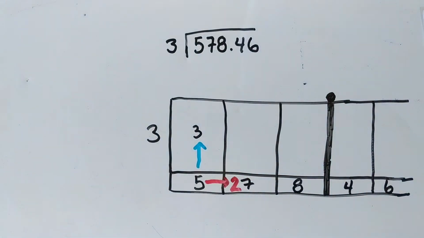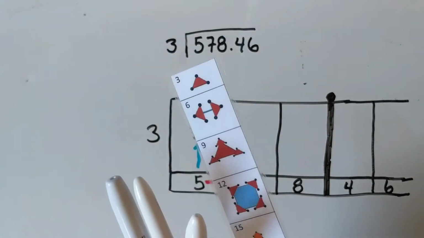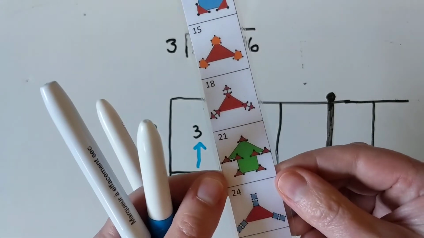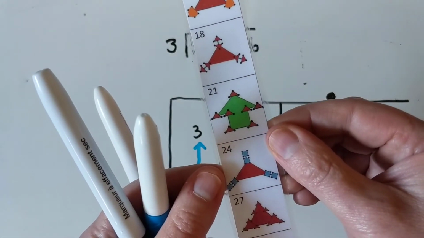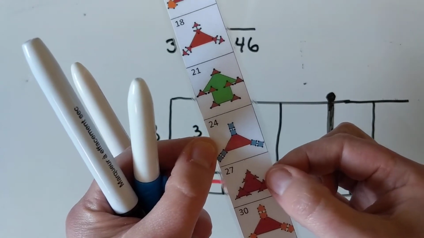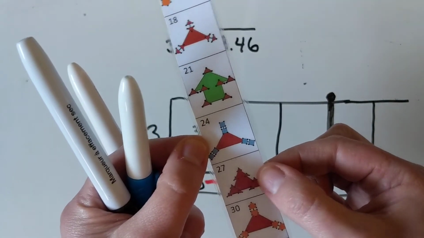Okay, so now let's say I didn't know how much of that could be grouped into 3s. What I could do is go to my fractal multiplication strip and look down for something that is either equal to or less than 27. And it turns out that 27 is actually divisible by 3.